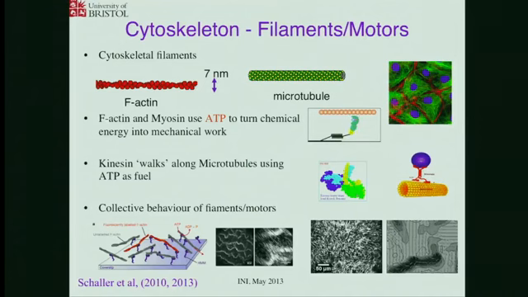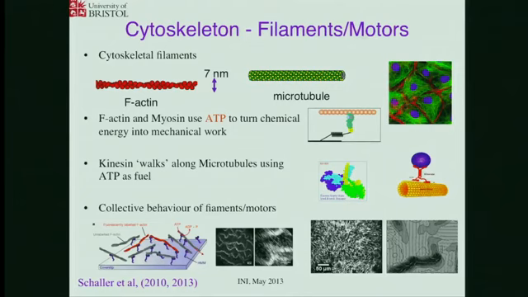One example system would be the cytoskeleton. So I've got cytoskeletal filaments. For our purposes, these are relatively rigid rods. They are polar, which means that the things which they're made up of have a sense of a head and tail, so I'm going to associate an arrow with these objects.